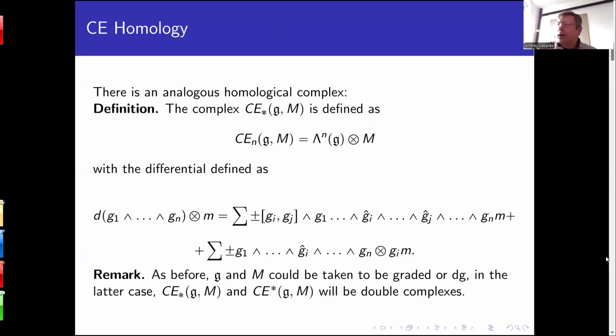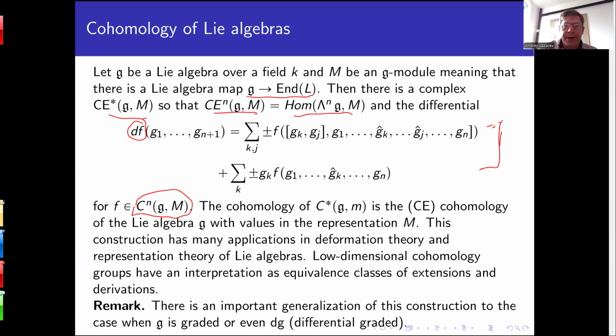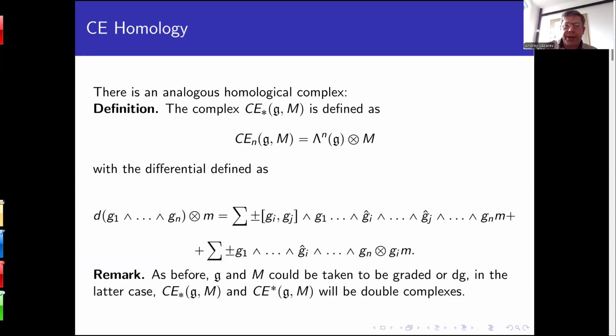Okay, so that was the Chevalley and Eilenberg cohomological complex, and there is also an analogous homological complex. The difference is that previously we had Homs from the exterior algebra. Here we have the exterior algebra showing up as a tensor factor, like so.